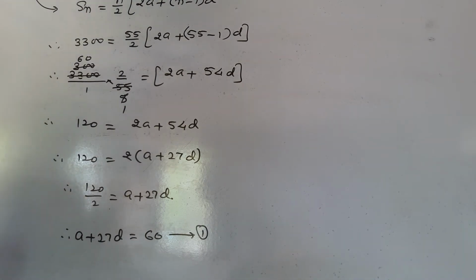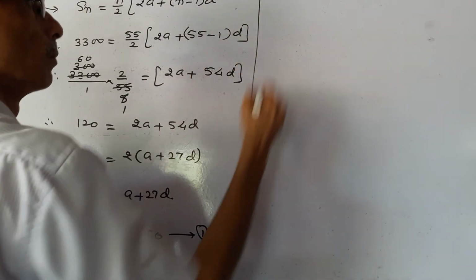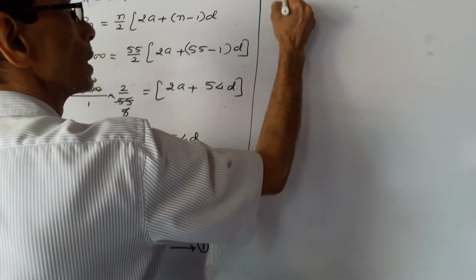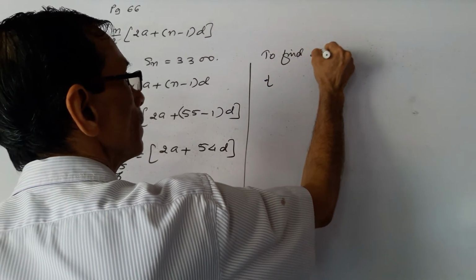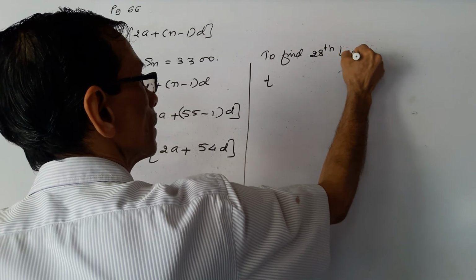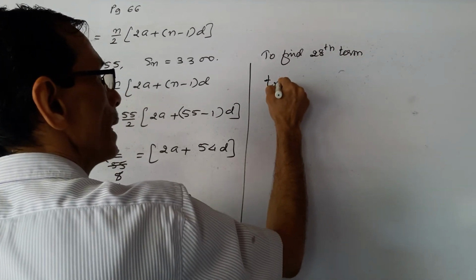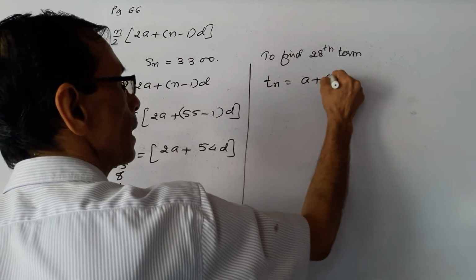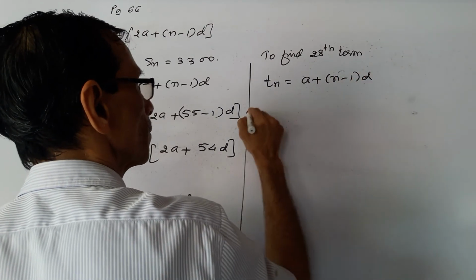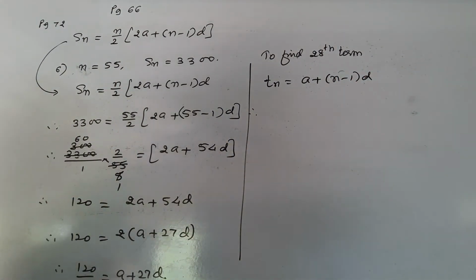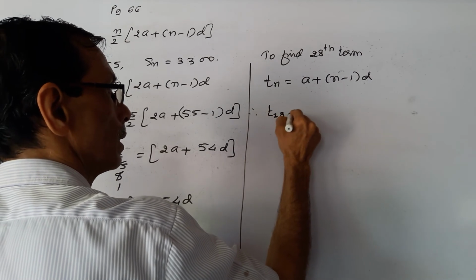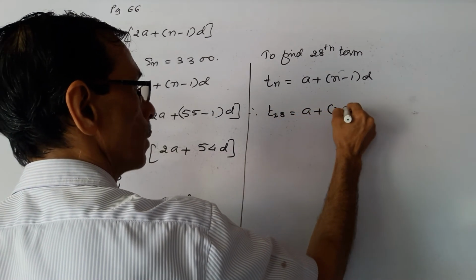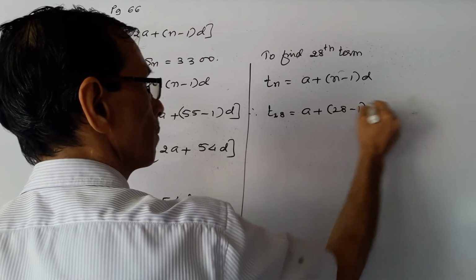Now we want the 28th term. So to find the 28th term, Tn is equal to a plus n minus 1 d. Tn we do not know, but T28 we have to find out. T28 is a plus 28 minus 1 into d.